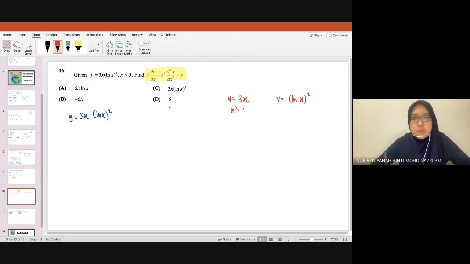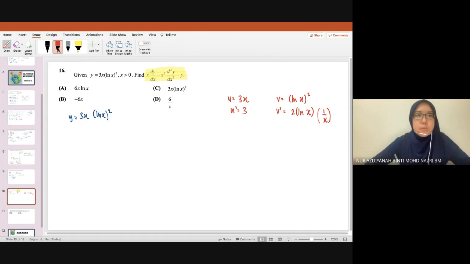So u prime dapat 3, v prime dapat 2 ln x. And then don't forget, this is a chain rule. This is a power rule. Okay, so 2 kita dah pindah ke depan, ln x power tinggal 1. Lepas tu kena darab dengan 1 per x. Okay, darab dengan derivative of this.